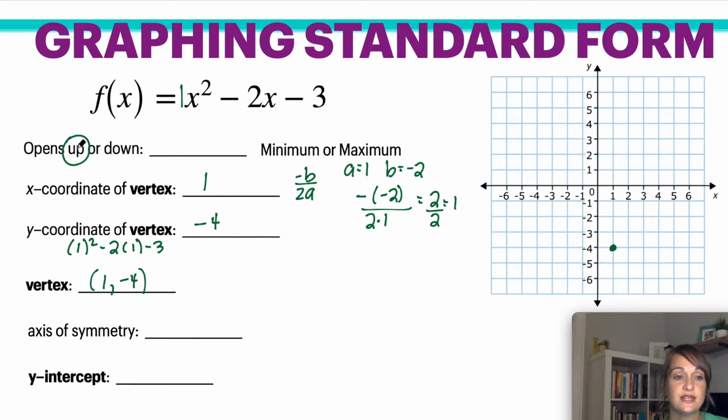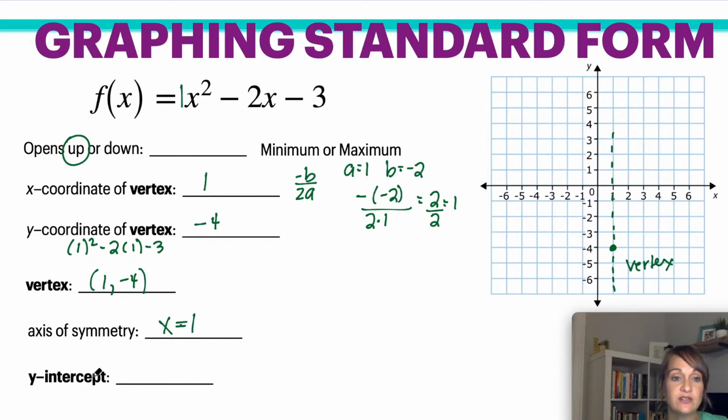We also know that we open up, so we know that the U is going to go up. We also know the axis of symmetry. So I will draw a vertical line through that coordinate point. Remember, that's our vertex. And the axis of symmetry is x equals whatever our x value is. Our x value is 1, so it's going to be x equals 1.